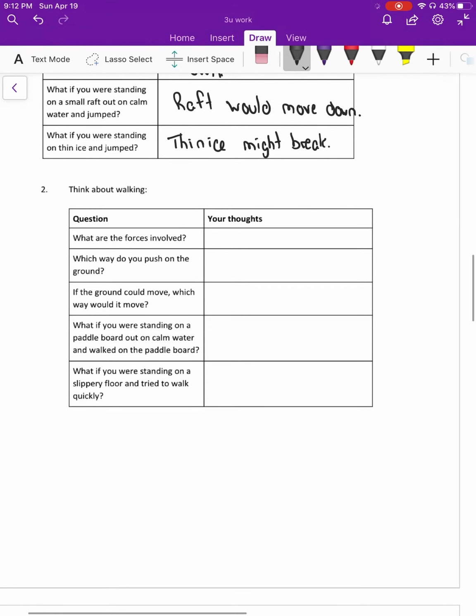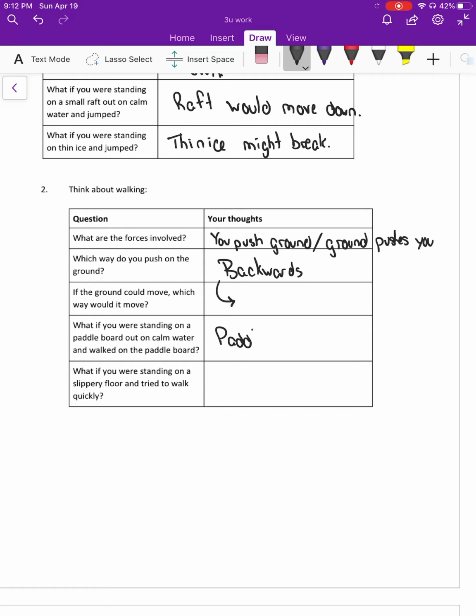If we think about walking, to walk you push the ground backwards, and the ground pushes you. You push it backwards. If it could move, it would move backwards. If you're on a paddleboard, the paddleboard would move backwards.